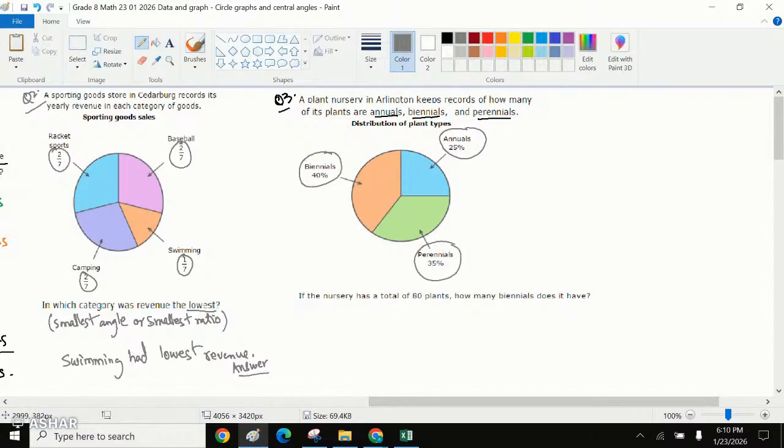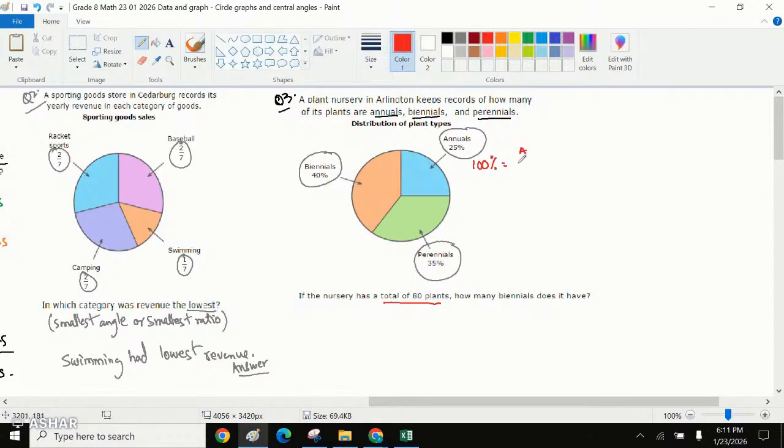So if the nursery has a total of 80 plants, how many perennials does it have? See, if we are talking about percentages, the total should be 100%, right?